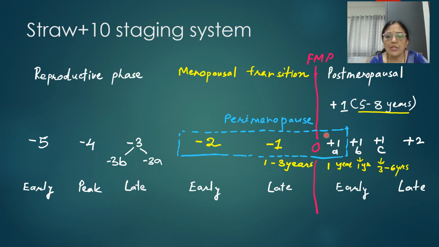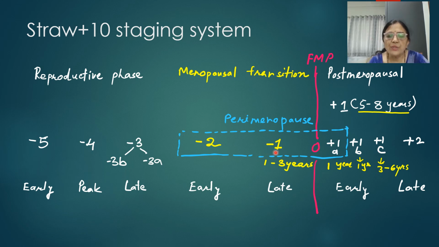So if you are asked what is perimenopause, it is a period which includes menopausal transition, early as well as late, and it includes 1 year after final menstrual period. So it includes +1A. That should be clear. That is perimenopause as far as this staging system is concerned.